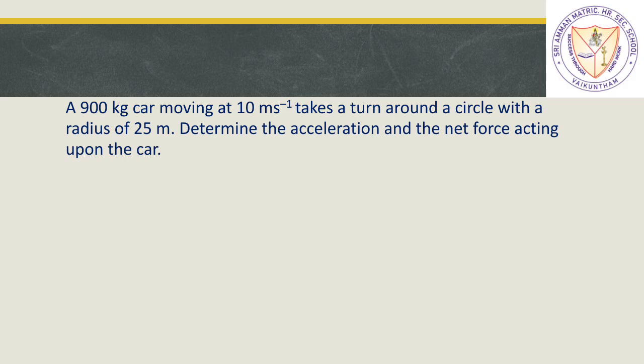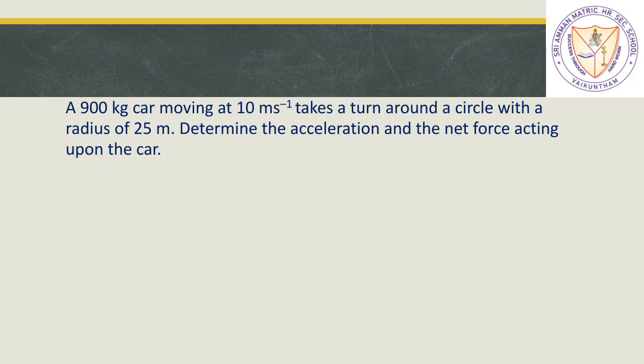Okay, so let us solve a small problem using these concepts. A 900 kg car moving at 10 meter per second takes a turn around a circle with a radius of 25 meter. Determine the acceleration and the net force acting upon the car.